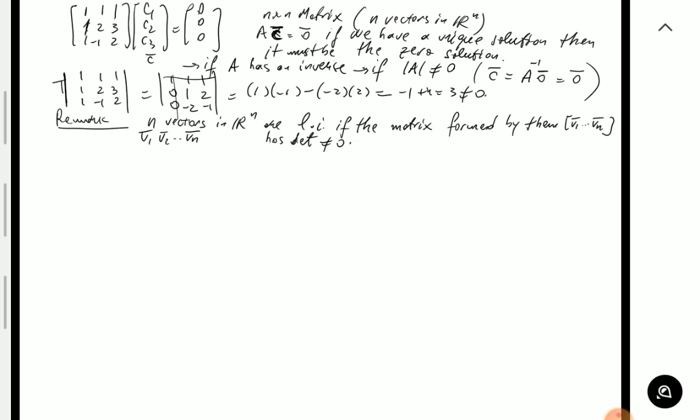In general, if the determinant is not applicable, so if you don't have a square matrix, you have to go by the reduced row echelon form.